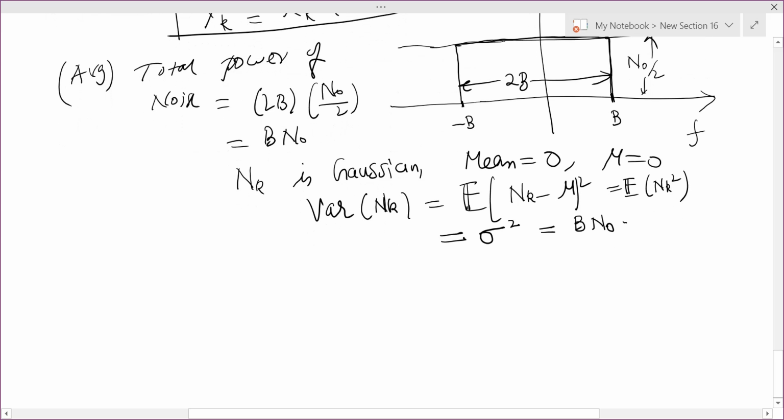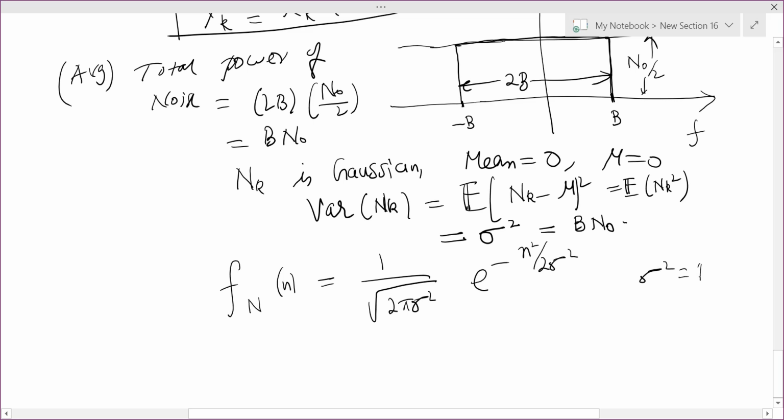So now everything is clear. We can in fact write f_N(n), the PDF: 1 over the square root of 2 pi sigma square, e to the power minus n square by 2 sigma square, where sigma square is b N naught.